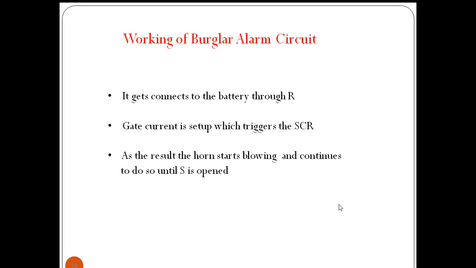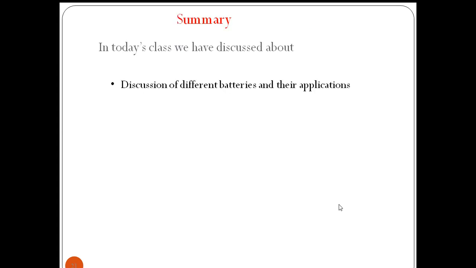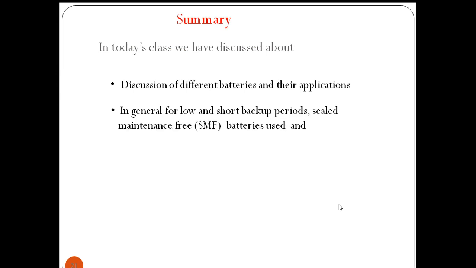In today's class, we have mainly focused on the different storage batteries used in UPS and their applications. Sealed maintenance-free batteries are used for shorter durations of power failures and lower ratings. Whenever a higher rating is required, we go with lead acid batteries.